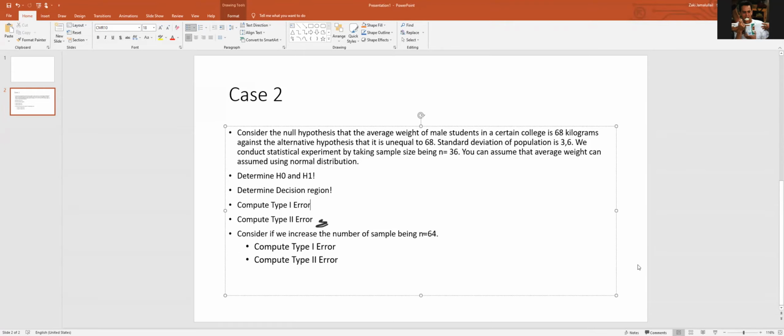So we assume the average weight is 70, sir, and then we use the equation.